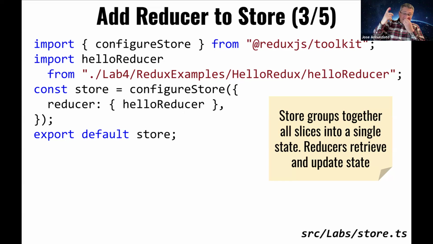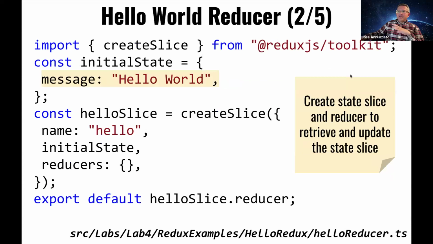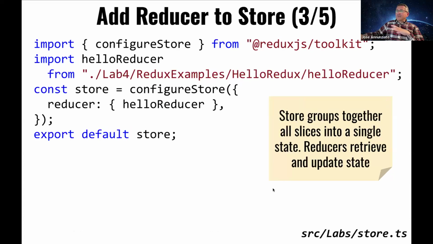Right now, we only have one slice, a very trivial slice. But as we progress, we're going to have a whole bunch of other slices, and we're going to put them here, comma separated. Here we only have the hello reducer, which is just the import of this export over here. So we're importing it and adding it here for the reducer.